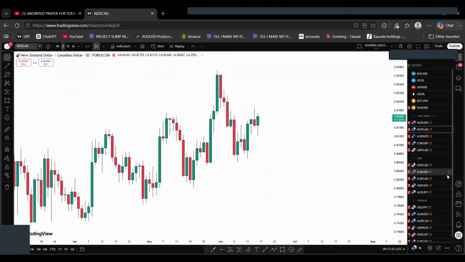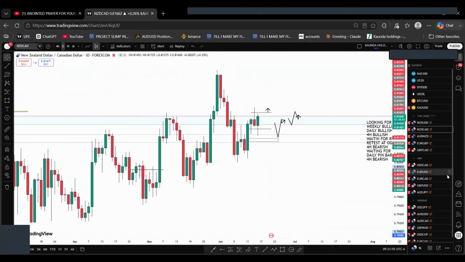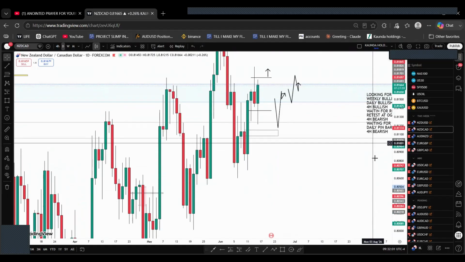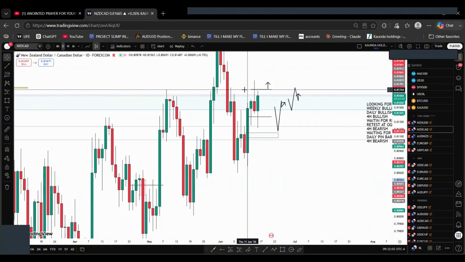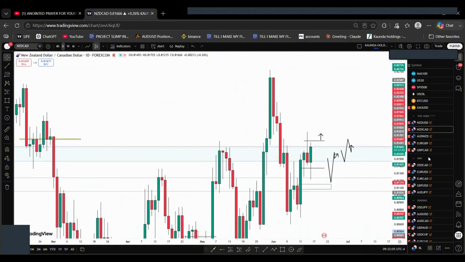The next thing is NZD CAD. I like the way the daily is looking. This actually looks promising, especially if the daily can close bullish.